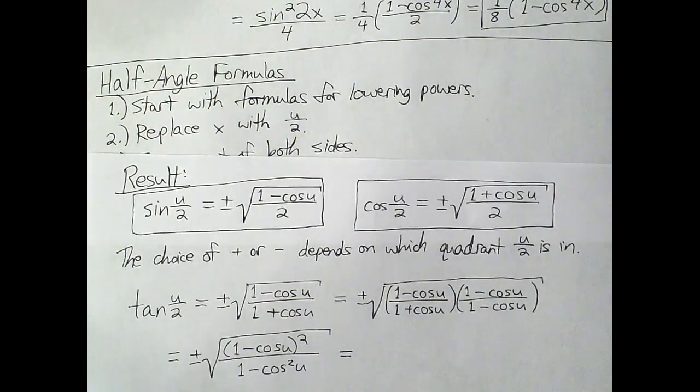Well, when you take a square root of a fraction, you take the square root of the top and the bottom. So we'll keep the plus or minus for right now. So square root of the top, I think I can see what's going to happen there, and square root of the bottom.